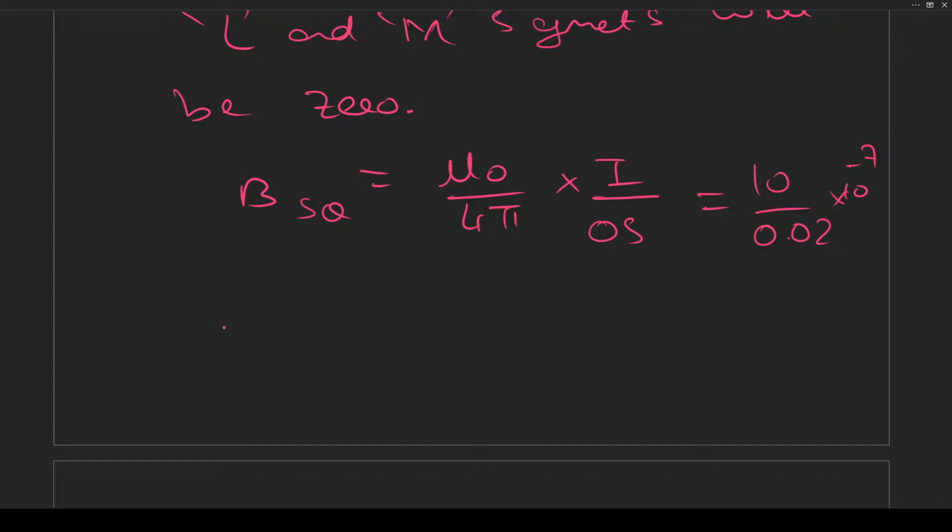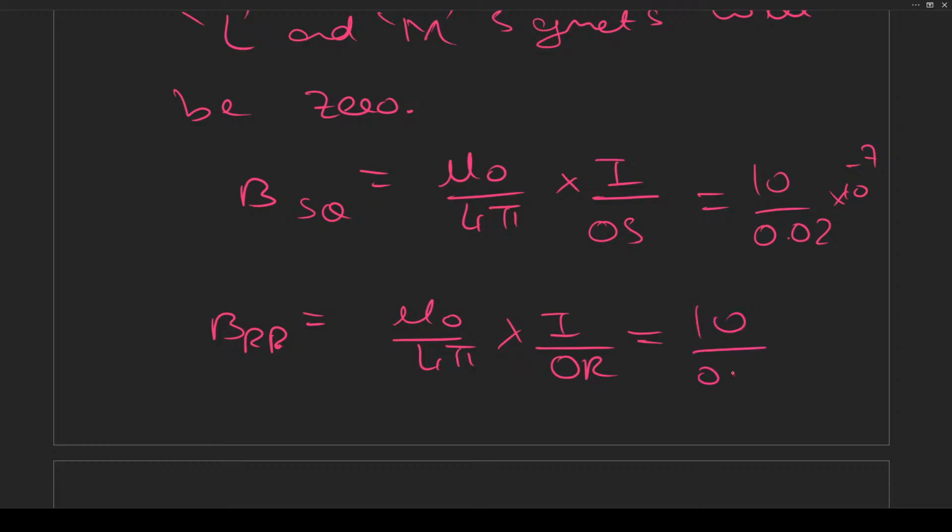And B RP, which we will get to be mu naught by 4 pi into I by OR segment, which we will get to be again 10 by 0.02 into 10 power minus 7 Tesla.